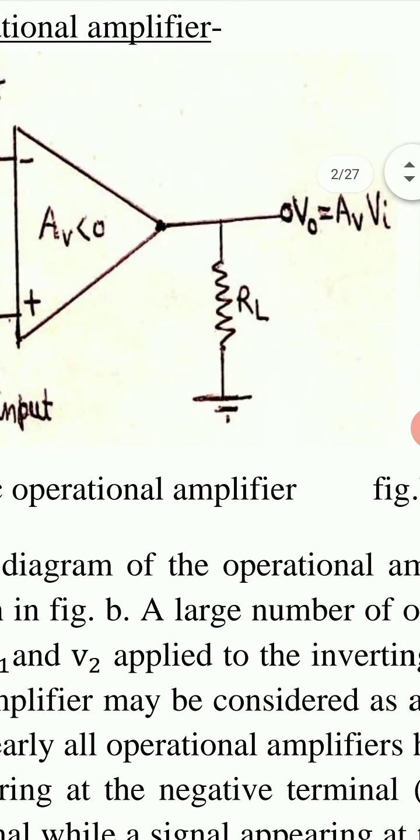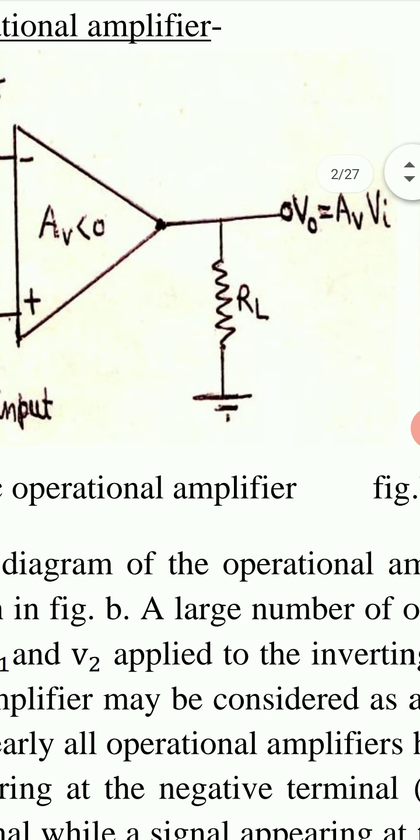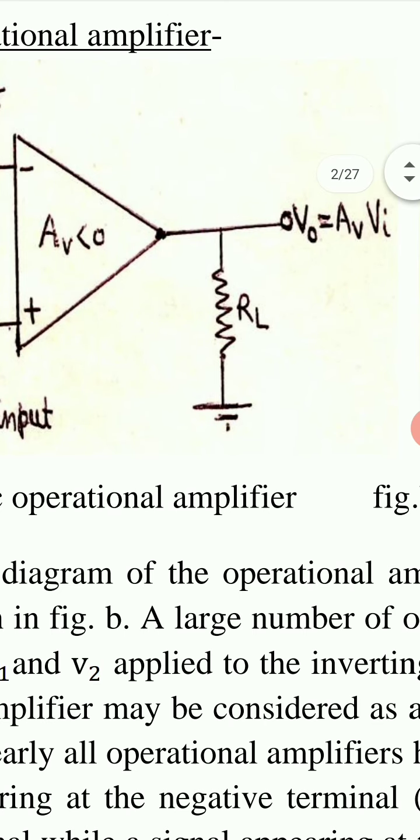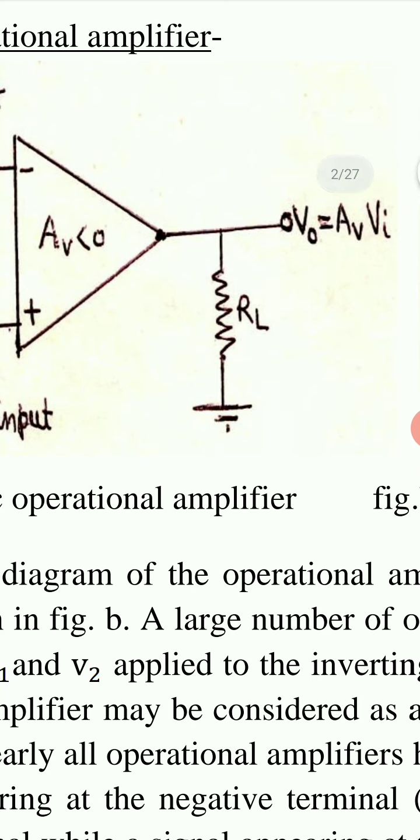There is only one output terminal, and output is obtained across load resistance RL, and output voltage is equal to AV into Vi, as AV is the voltage gain equal to VO upon Vi.